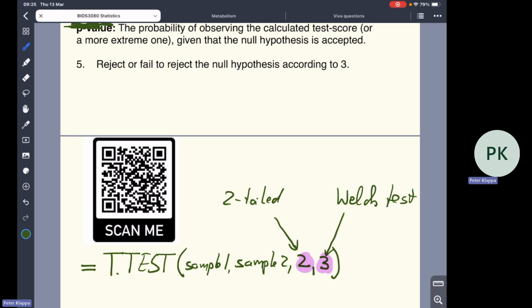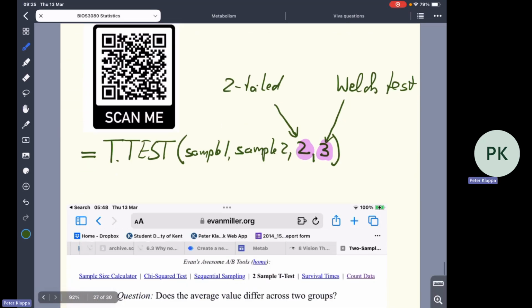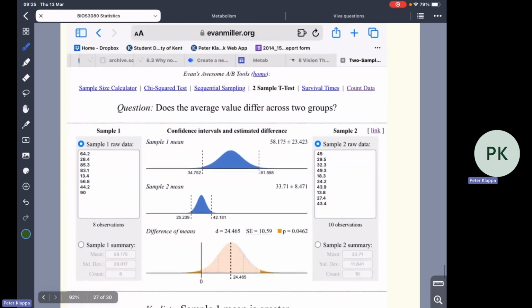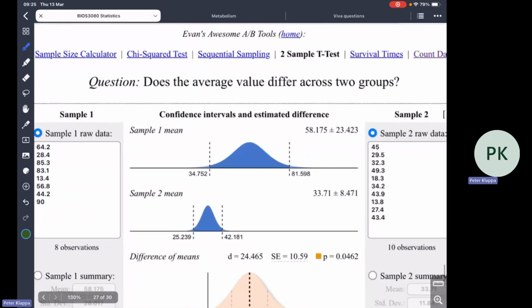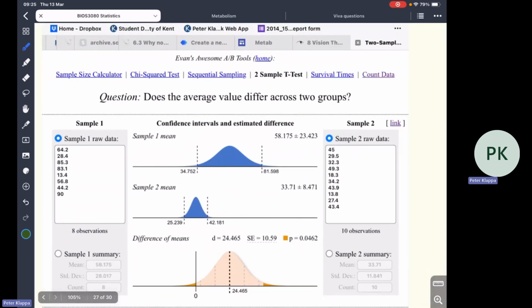Now, when you put these data into this online calculator, I think I've got a screenshot. Yep, you get a beautiful screenshot. So here on the left-hand side, you've got sample 1. You've got sample 2 on the right-hand side. It shows you the distribution.